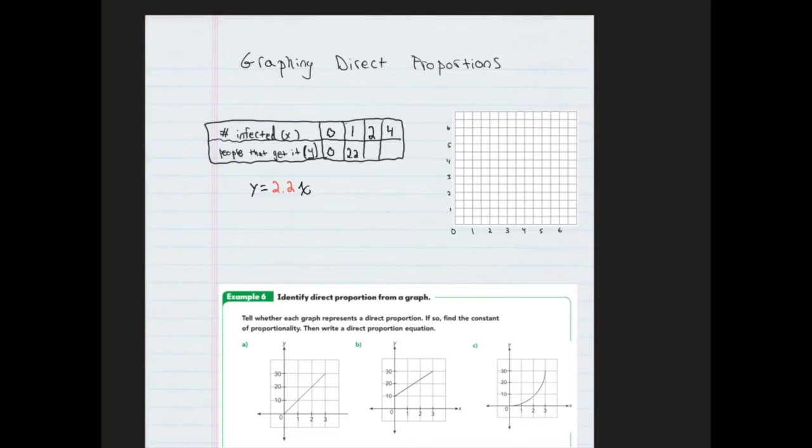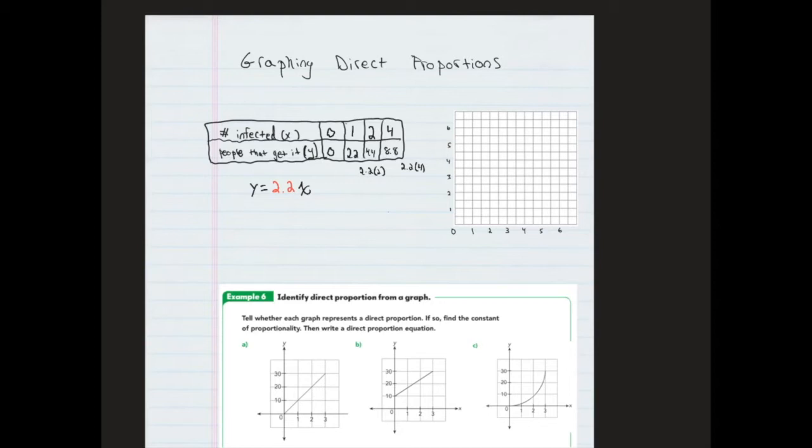To fill in for 2, we would do 2.2 times 2, and 2.2 times 2 is 4.4. And then to do 4, we do 2.2 times 4, and that would be 8.8.